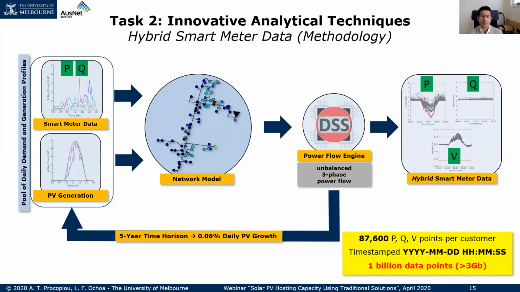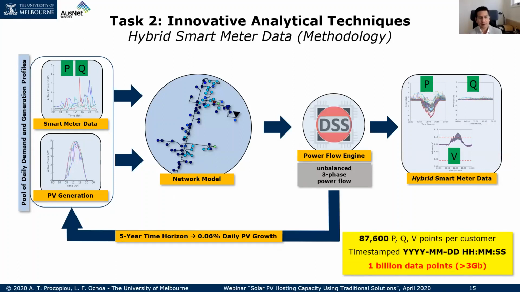And remember, as much as there can be smart meter data, P, Q, and V, it doesn't necessarily mean that you have the exact network model of that. As I was mentioning, our high voltage feeders had these pseudo low voltage networks, so there was a mismatch. So what we needed to do was to create what we call hybrid smart meter data.